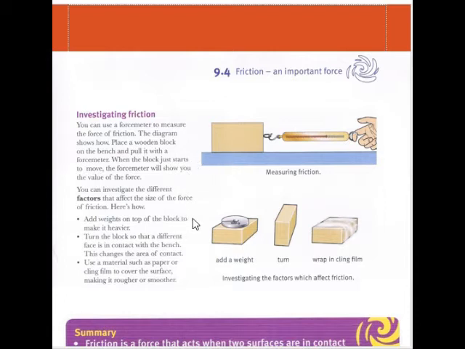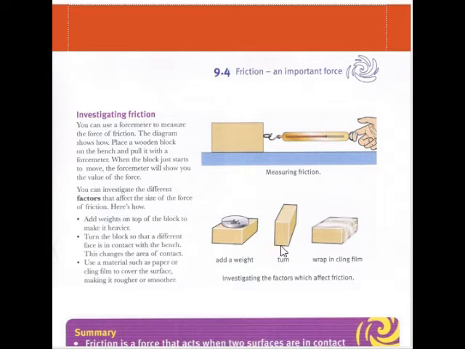Okay, one, you have to add weight on top of the block to make it heavier. Okay, it means that heavier objects will have bigger friction force. Okay, and then the other one, turn the block so that a different face is in contact with the bench, like this, students.